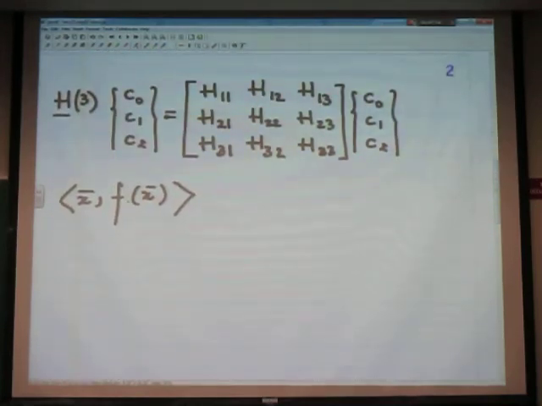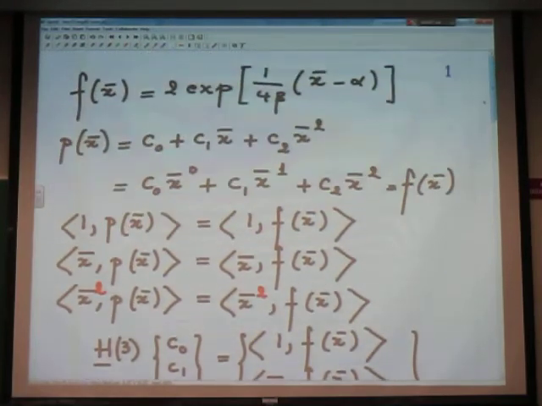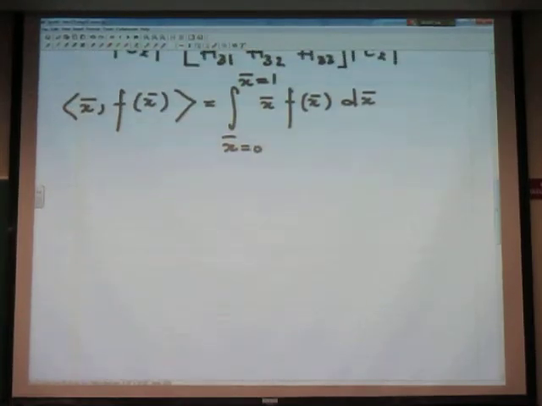The middle coefficient is essentially the integral of x bar going from 0 to 1 of x bar times f of x bar dx bar. And what is f of x bar? We already defined it up here. So it's just a matter of copying this expression down here.